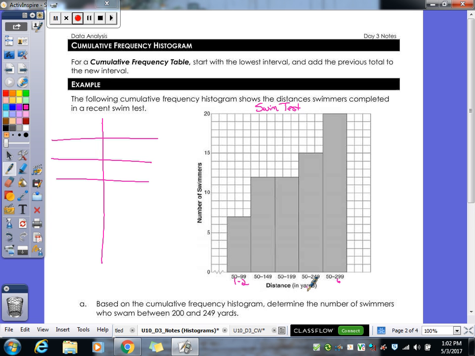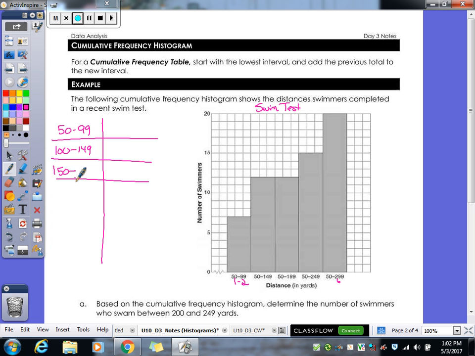So let's do 50 to 99 yards. So 1 to 2 laps. Now, my next interval is going to start at 100 and go to 149. So this is 2 to 3 laps. Then I go one more than 149, which is 150.